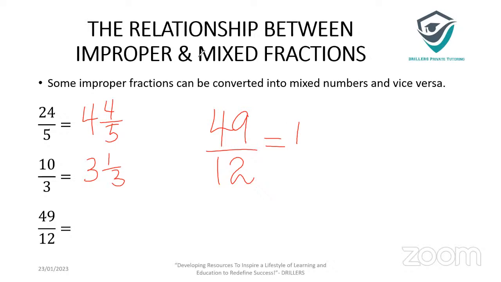So 4 times with a remainder of 1. What are we going to do next? You've guessed it. We're going to take that 1 and put it over 12. So 49 over 12 is converted into the mixed number 4 and 1 over 12.